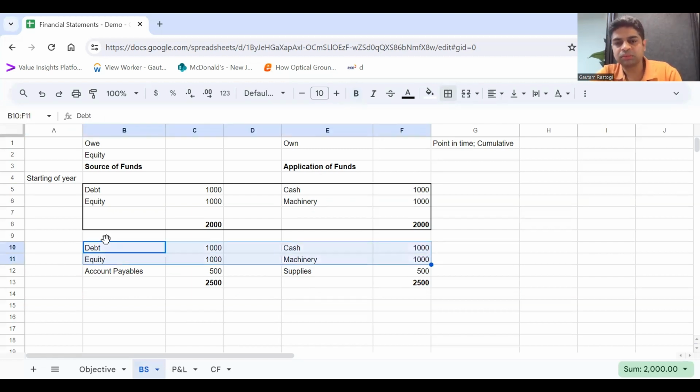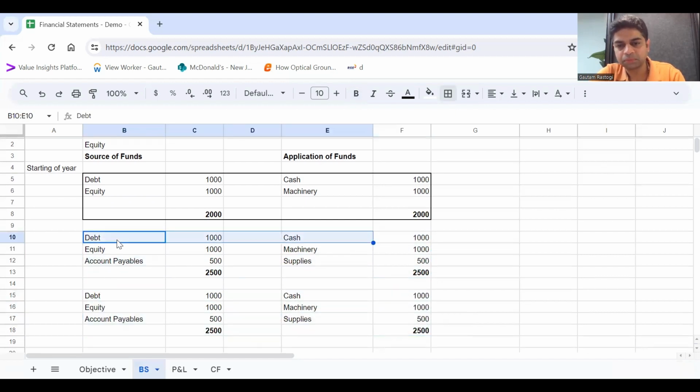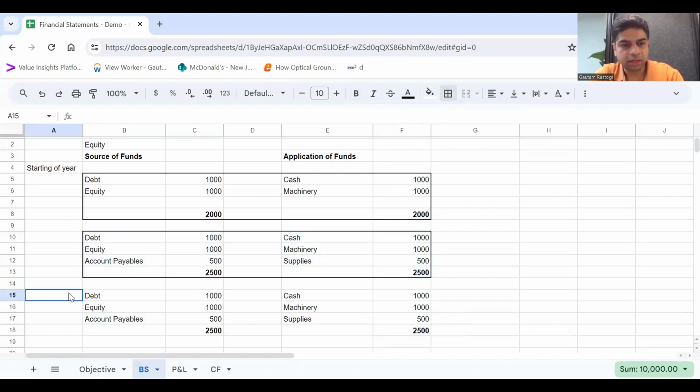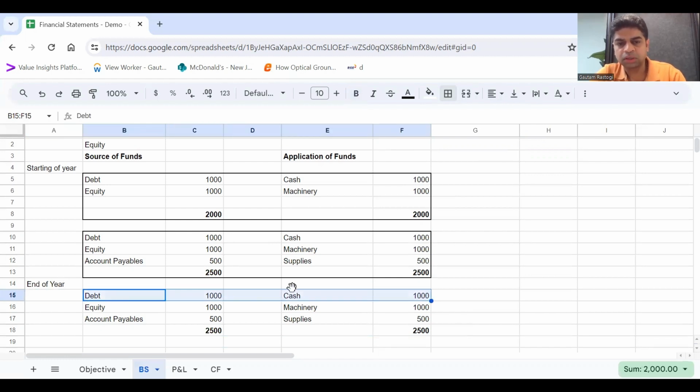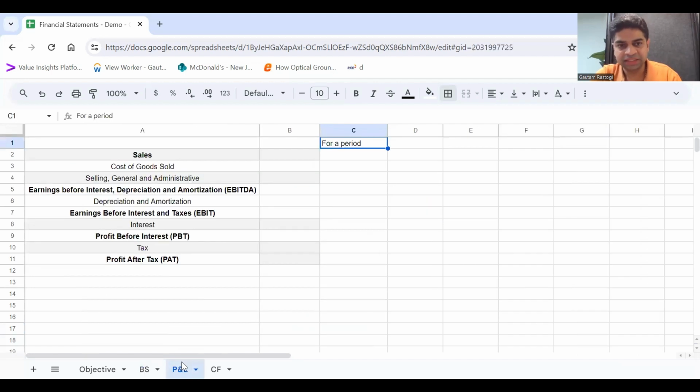Now let's move closer to the end of the year. So let me do this. Let's say this is closer to the end of the year. So what you do is you make a sale, say, of $500 using this machinery and these supplies. Okay, so let's go to the P&L statement.